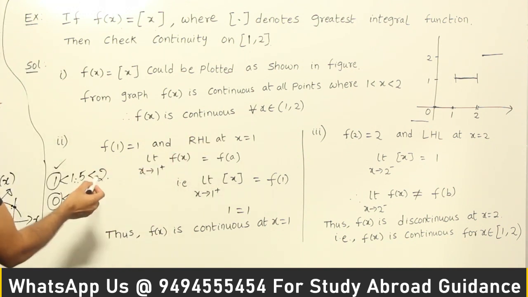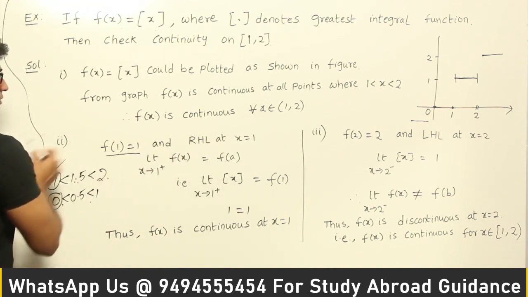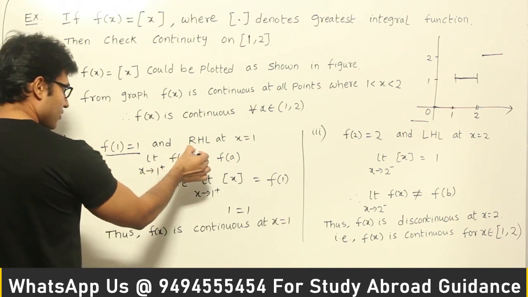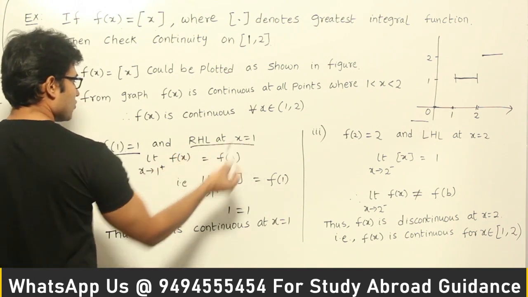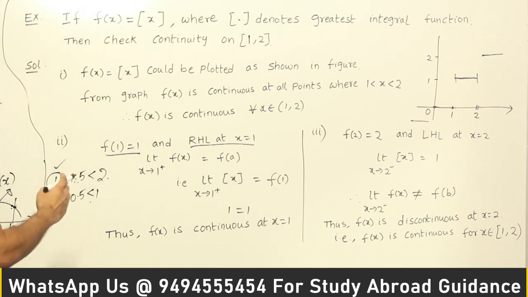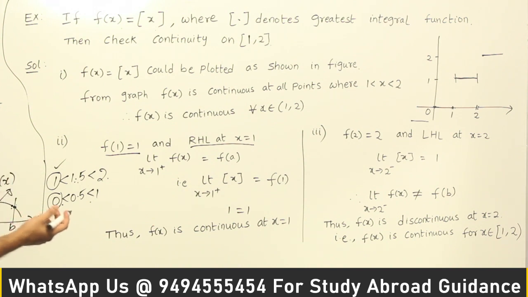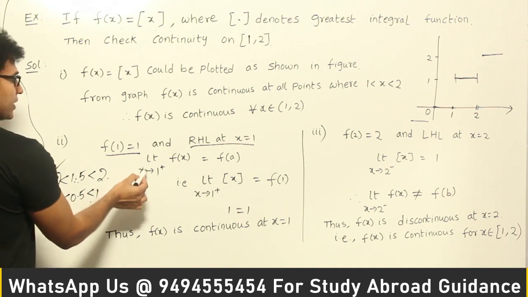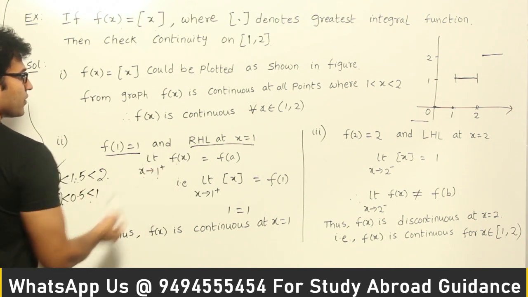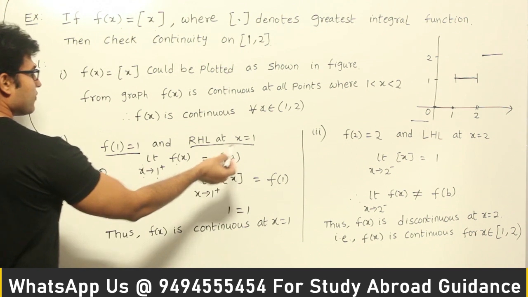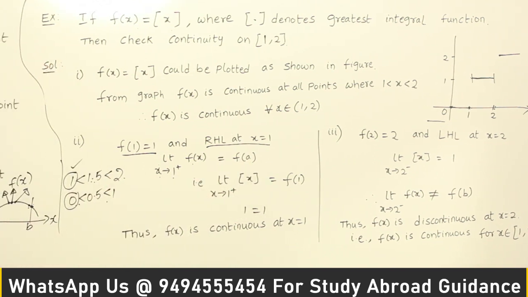See this. One thing is f of 1 equal to 1. From that we can see it. And the second thing is we have to find out the right hand limit at 1. What right hand limit means is just move to a point slightly to the right of 1, which will be 1.00 something, right? Now when you move it, the limit as x tends to 1 plus of f of x, you should find out, right? And if it is equal to f of a, then we can say that it is right continuous.